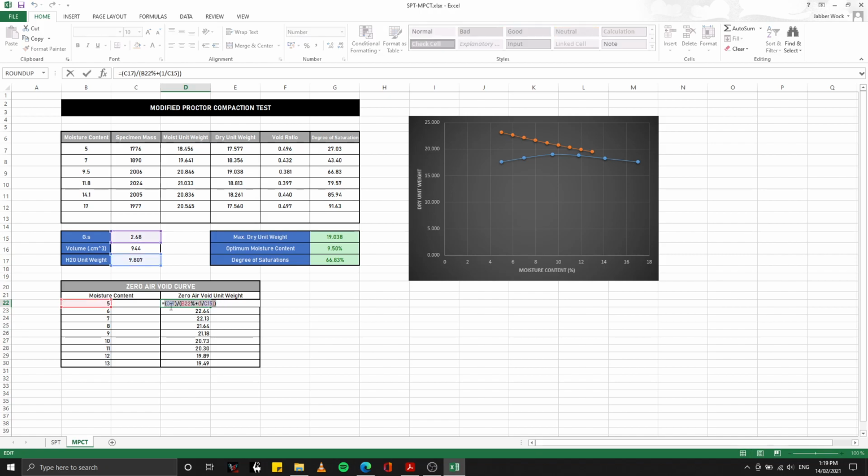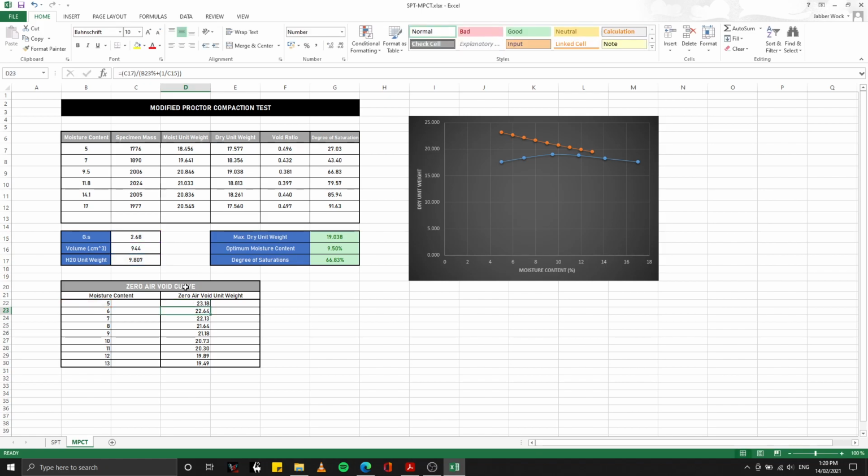So for example dito, ang ginamit natin na unit weight this time is ang 9.807 since ang ating volume is nasa cubic centimeter. Okay? So again, sa zero air void unit weight is 1 divided by 1 plus divided by moisture content, this one, moisture content plus 1 over ang ating specific gravity, which is 2.68, close.